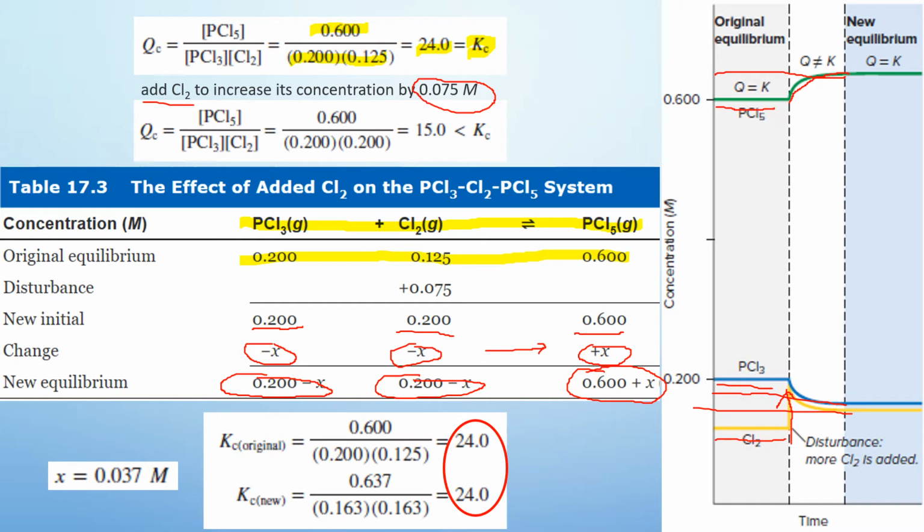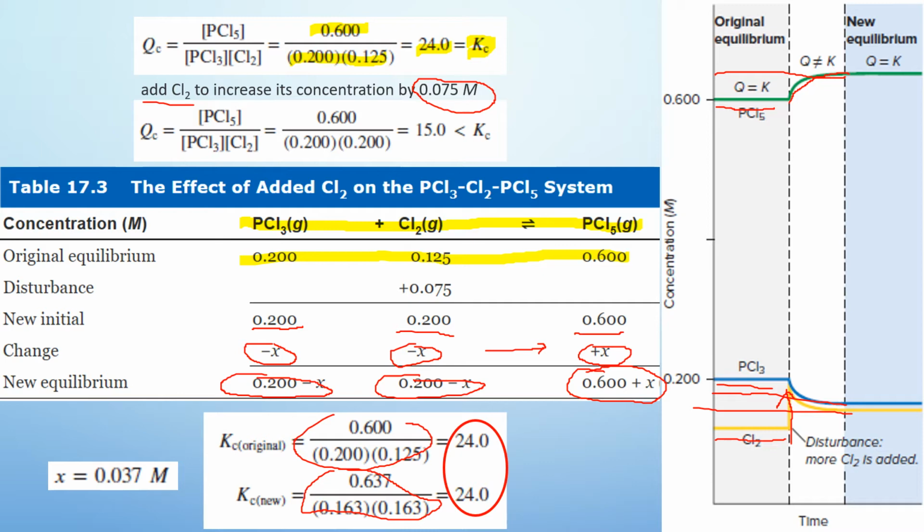By calculating X, or from the experimental data, we find X is equal to 0.037. You can see at the original condition we have these equilibrium concentrations, and at the new equilibrium we have these new concentrations. But no matter the initial concentration or the final new concentration, the equilibrium constant doesn't change.